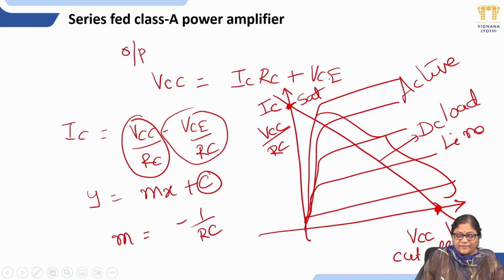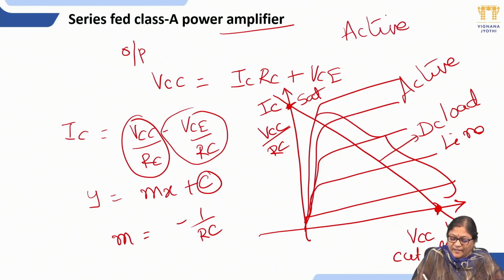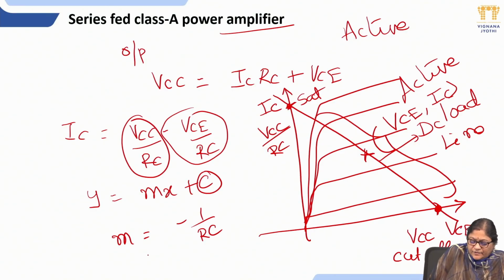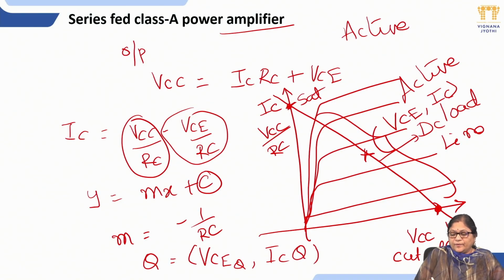Now as we have told, this class A amplifier works in the active region, so the Q point selected should be on this line. I am selecting the middle of the load line. So this is the Q point, which is VCE versus IC. Here I am noting the Q point as VCEQ, ICQ.